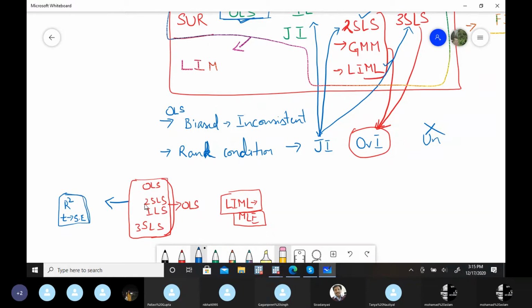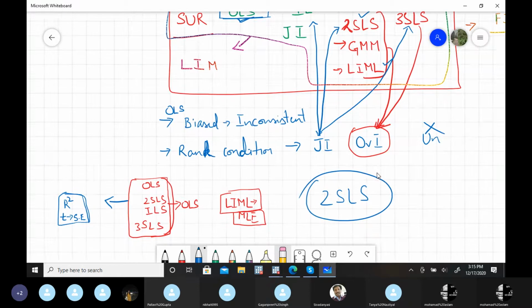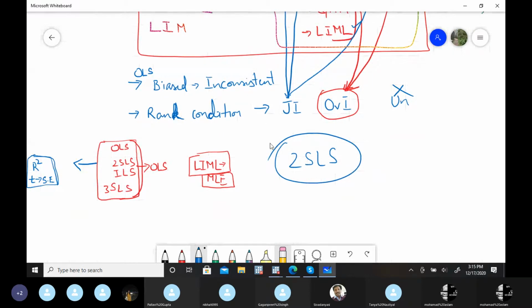Out of all these methods, the most popular method is 2SLS, and there is a reason behind that. If these are all the methods for simultaneous equations, then the 2SLS method is the most popular. The only thing you have to take care of is that all the conditions of 2SLS are met while you run this particular method.